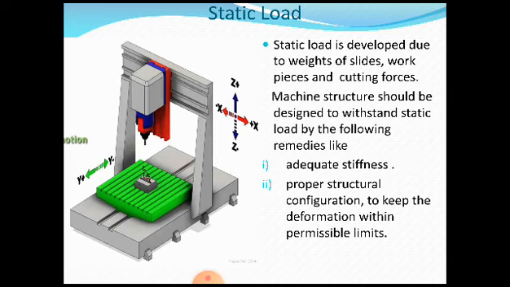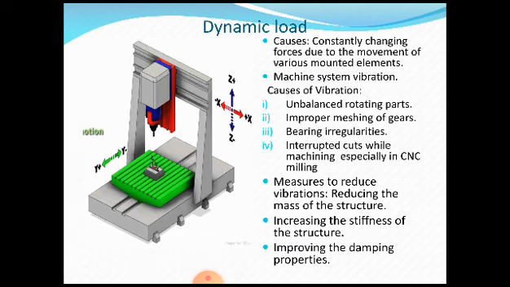Whenever a CNC machine is used continuously for 24 hours and for several years, the structure should not deform, and should not change its shape and size. So like that we require to design the machine structure.